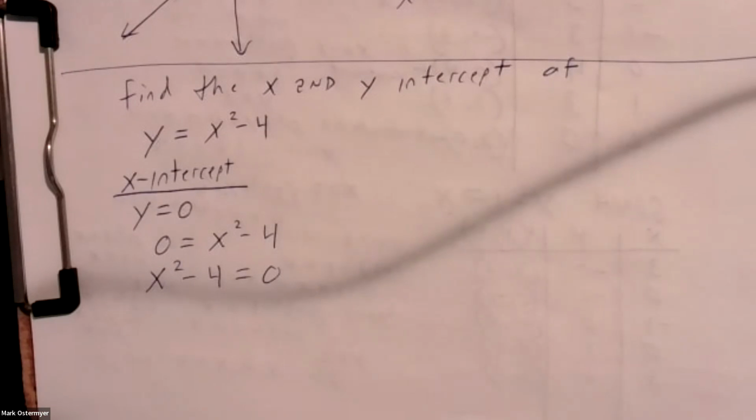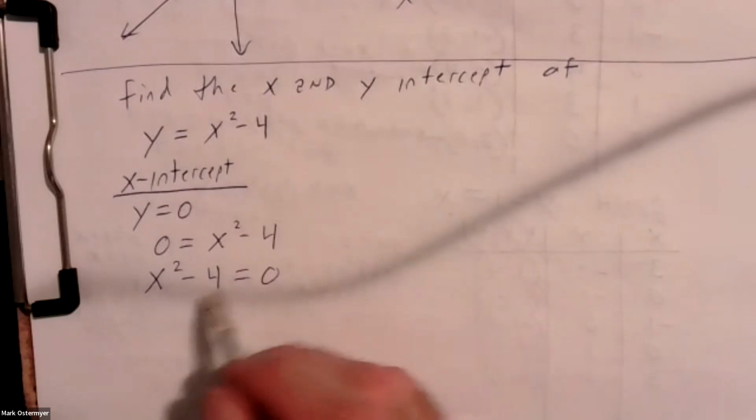What would be the quickest, most efficient way to solve this quadratic equation for its two solutions? Anybody? What would be the quickest way? Well, probably the quickest way here would be using the square root method or the factoring method.